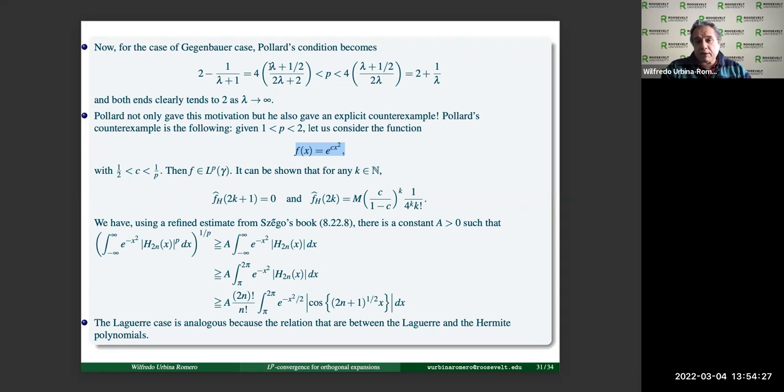So since it's bad for Hermite, at least for some Laguerre are bad too. Right? So surprisingly, even though again the polynomials are dense in LP of those spaces, the polynomials that are close to a given function are not necessarily the partial sum of their expansion. That's what this is saying.